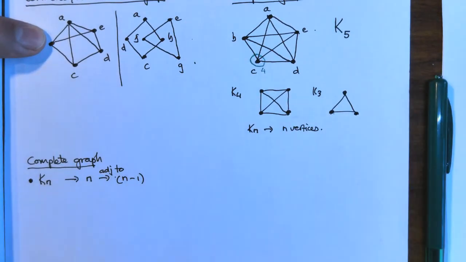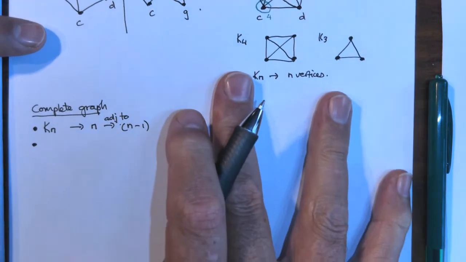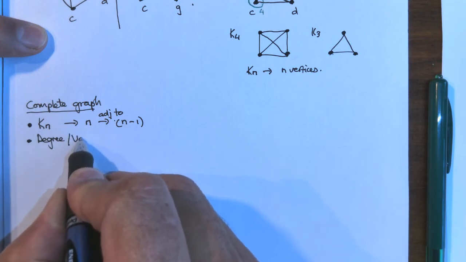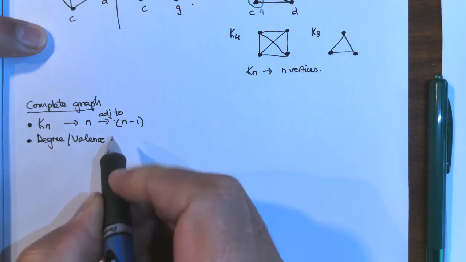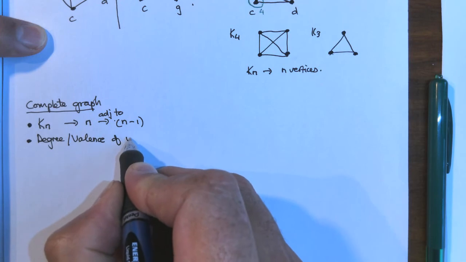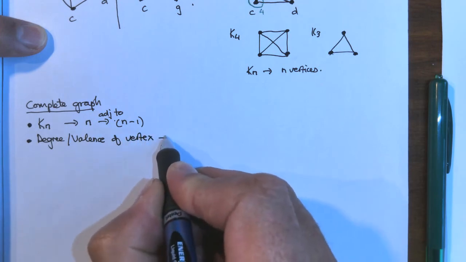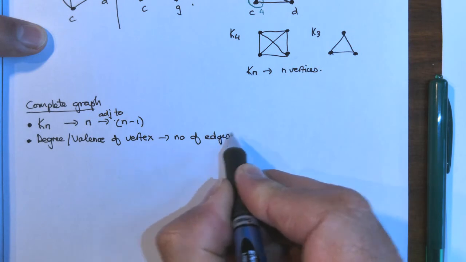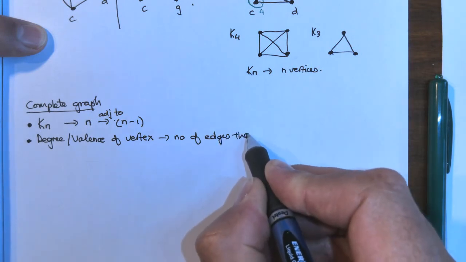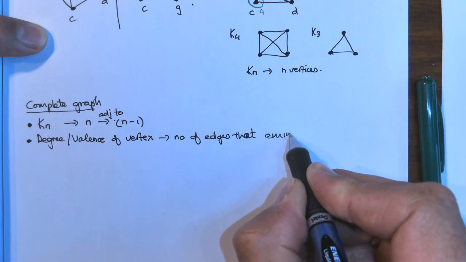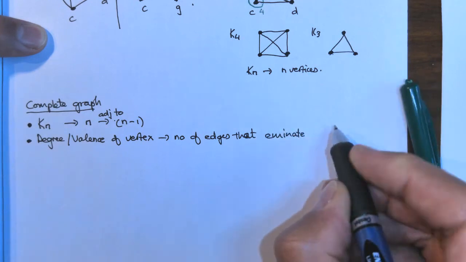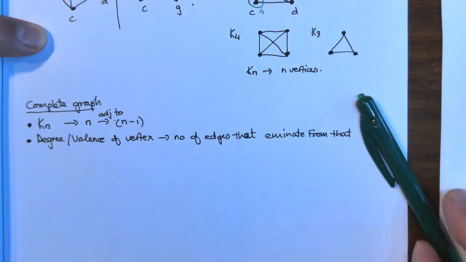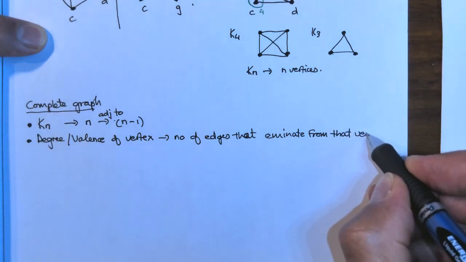So the degree or the valence of a vertex is the number of edges that emanate from that vertex or node, whatever you want to call it.